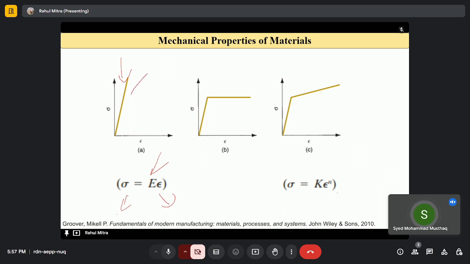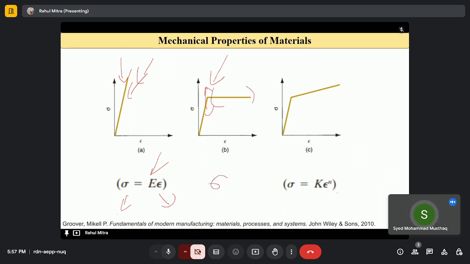This is known as the elastic region, and it is shown by most ceramics and polymers, and by some of the metals. Up to this region it is a perfectly elastic material.